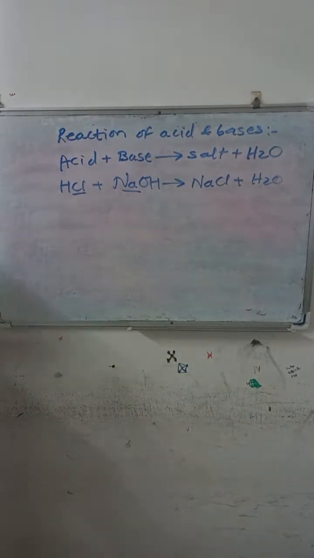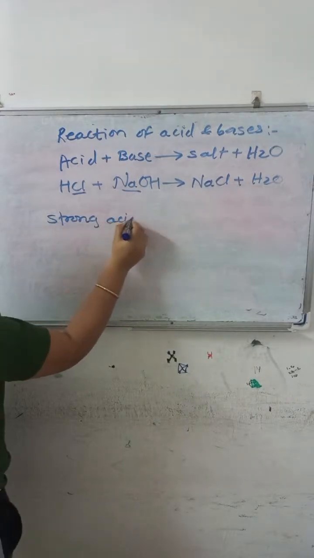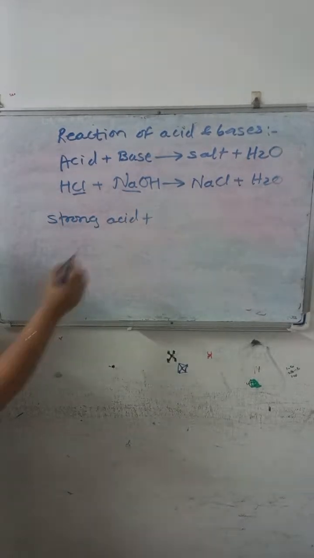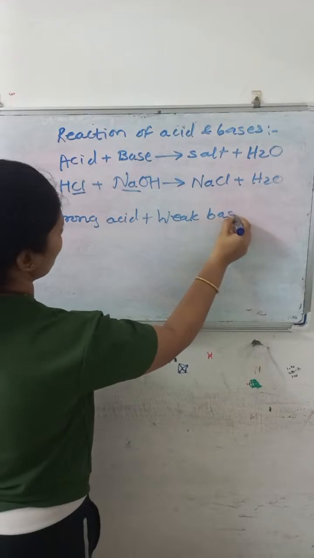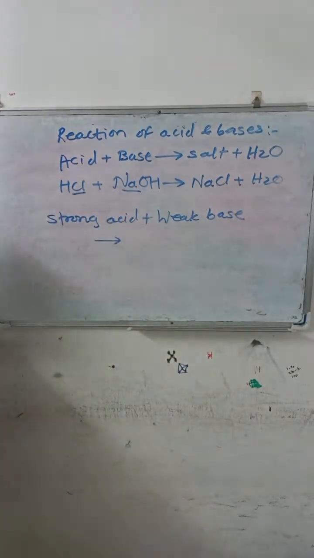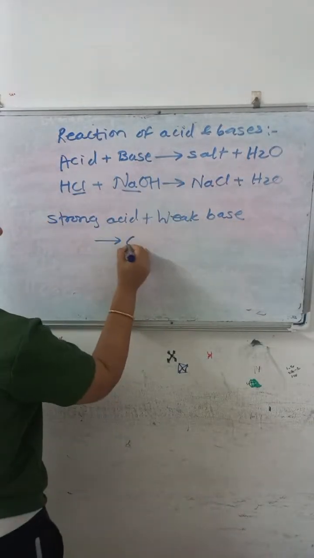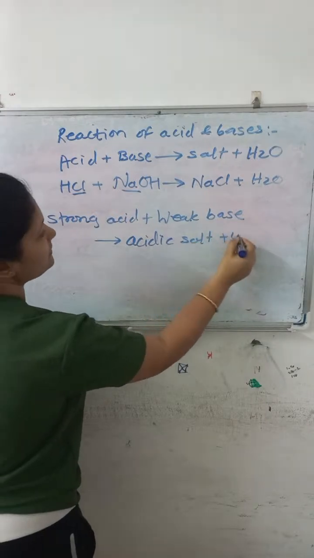Suppose the acid is strong. If a strong acid reacts with a weak base, very important, weak base, then that reaction gives acidic salt plus water.